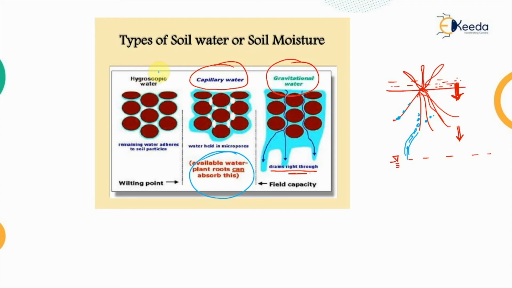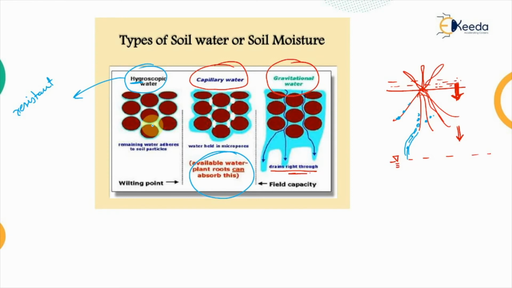The third type of water is known as the hygroscopic water. That means it is resistant to the root zone. If this hygroscopic water is present, it means the water would not be adhered to the root zone.